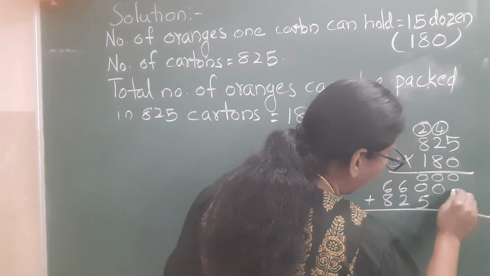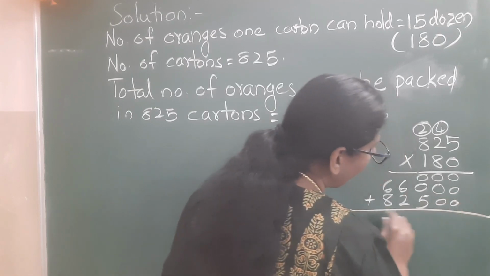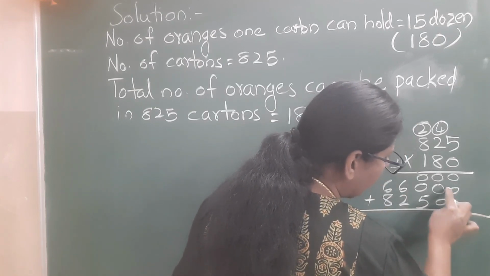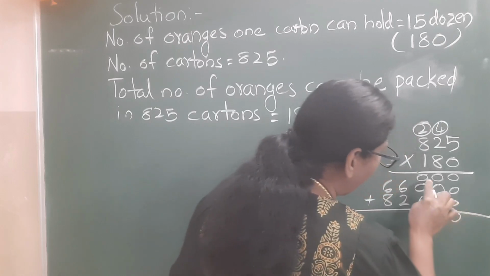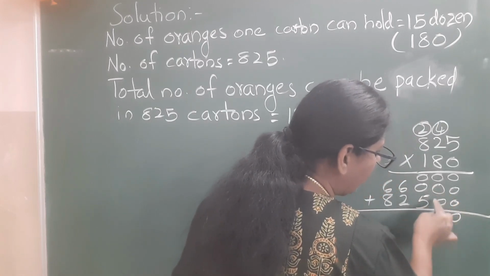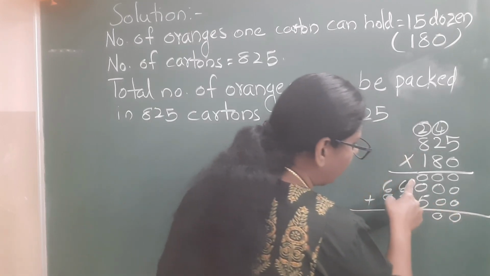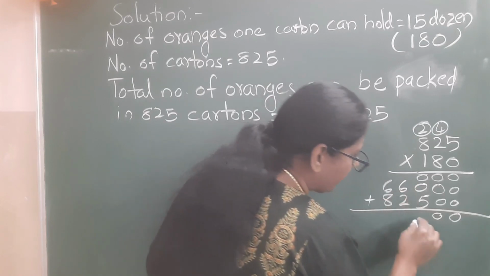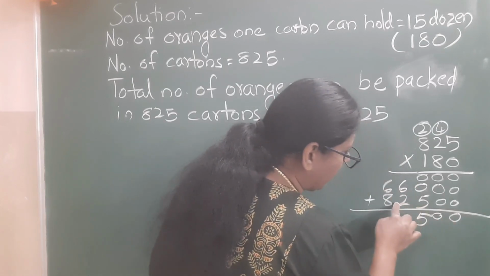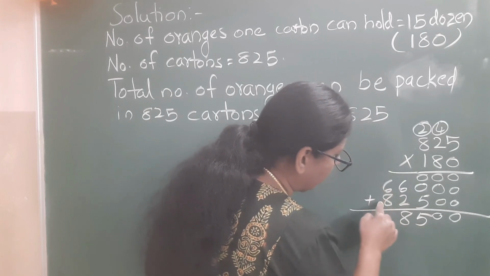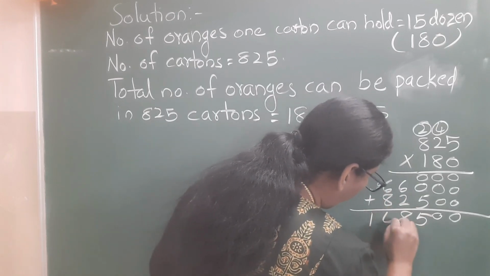And we have to do the addition. 0 plus 0 is 0, 0 plus 0 is 0, 0 plus 0 is 0, 0 plus 5 is 5, 6 plus 2 is equal to 8, 6 plus 8 is equal to 14.